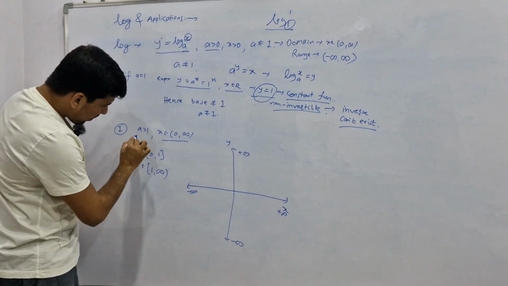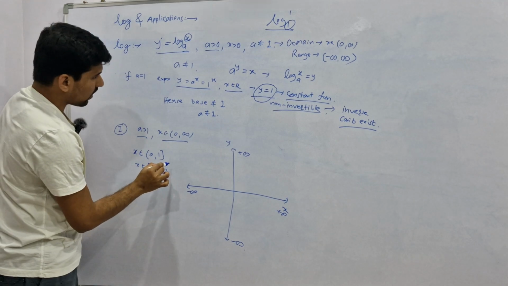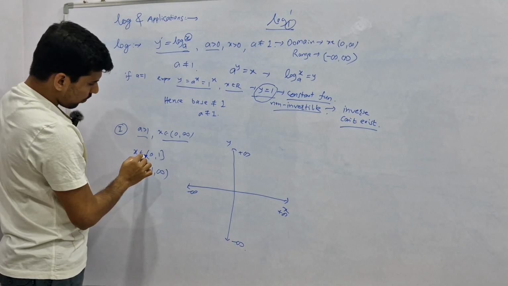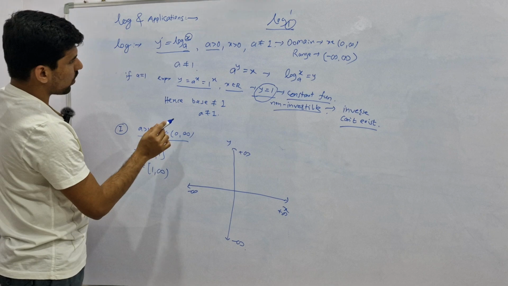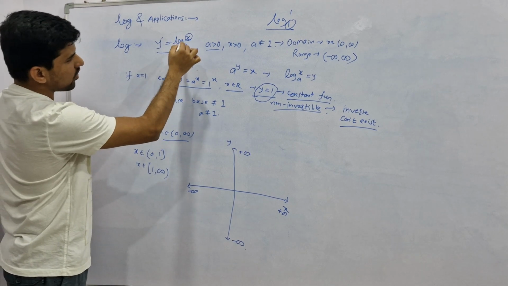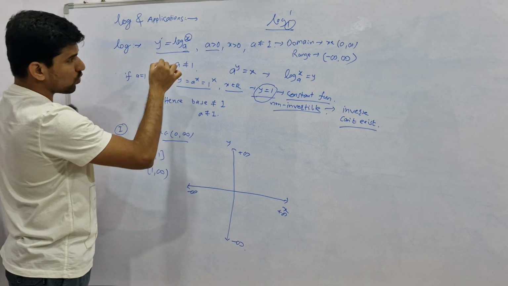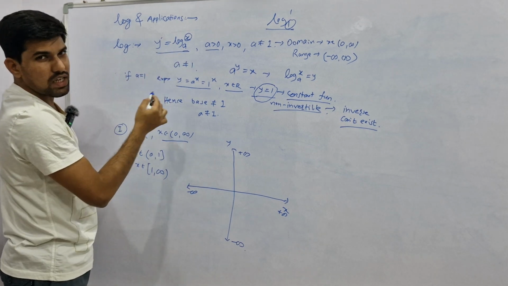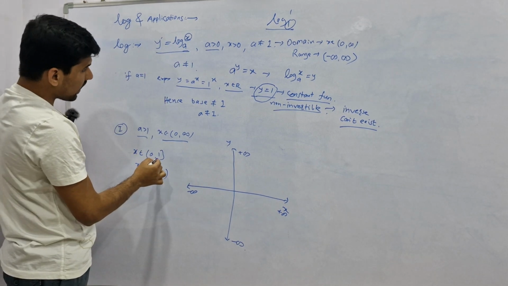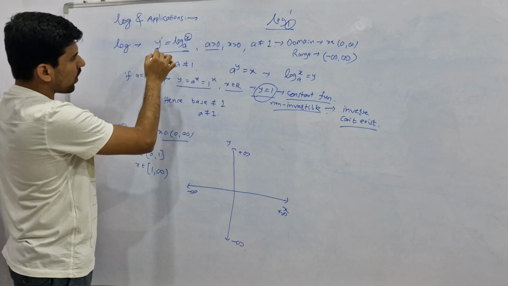For a is greater than 1 and x belongs to 0 to 1, what will be y? When x is 0 and a is greater than 1, for example a is 2, what power should we raise 2 to such that we get 0? It will be negative infinity. And when x is equal to 1, the value of y will be 0.